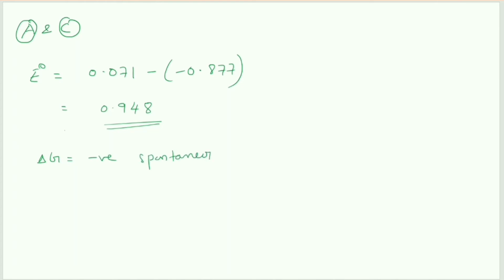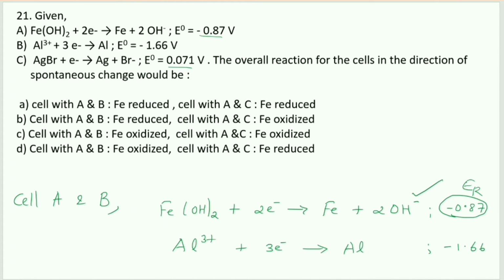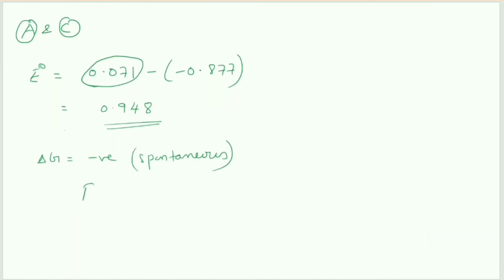So A and C reactions are spontaneous, and which is reduced and which is oxidized? Reduced one is the 0.071 volt reaction, that is AgBr. So silver is reduced and iron is oxidized.